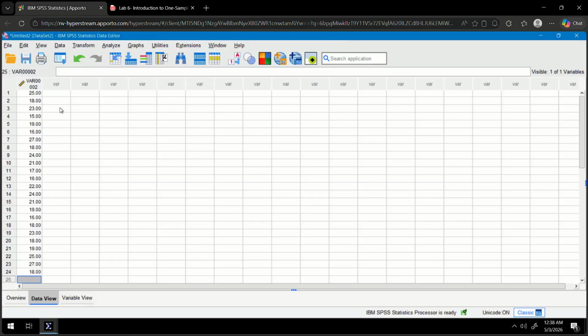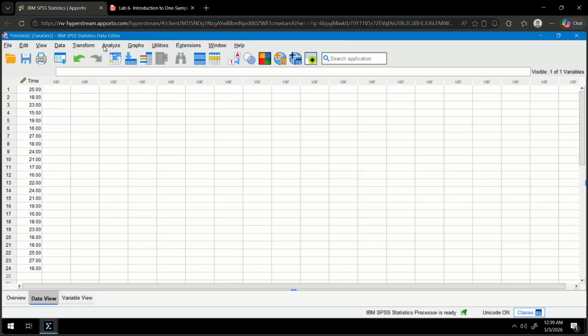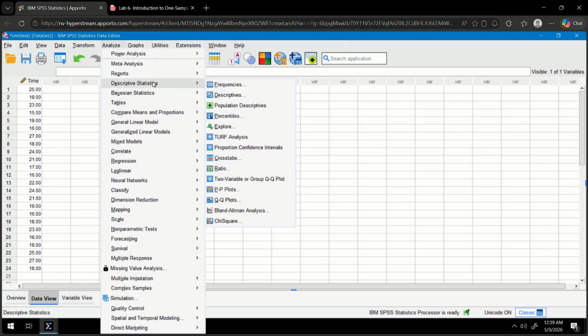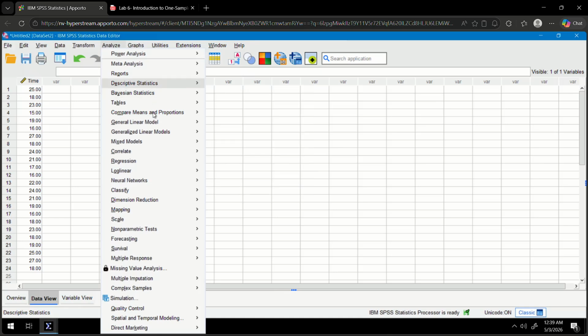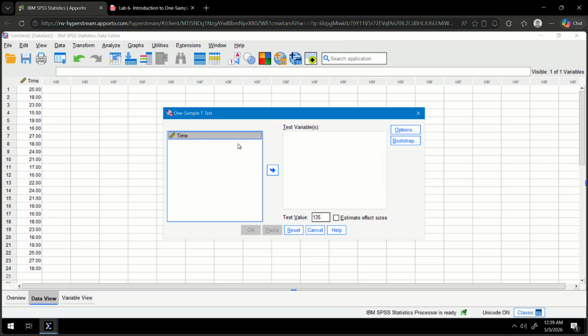We're comparing this. This is going to be wait time, so I'm just going to call it time, for lack of a better word. And we're going to test this. So analyze, compare means, one sample t test. Time we're comparing to a value of 20.